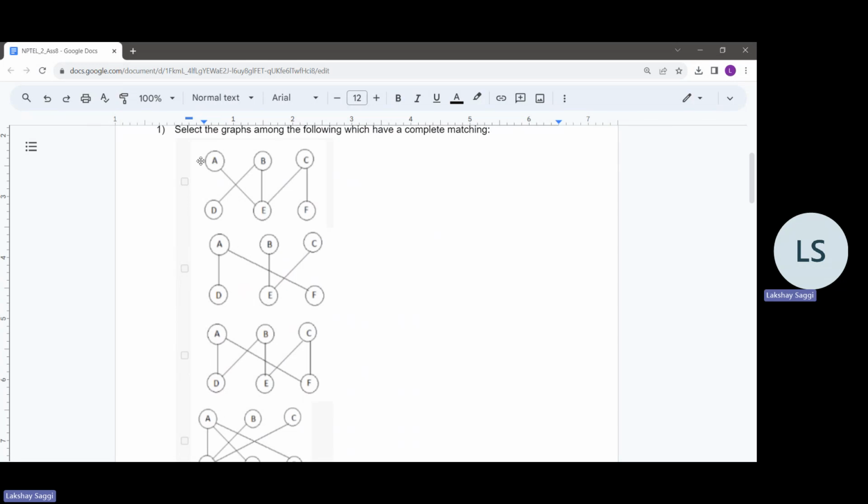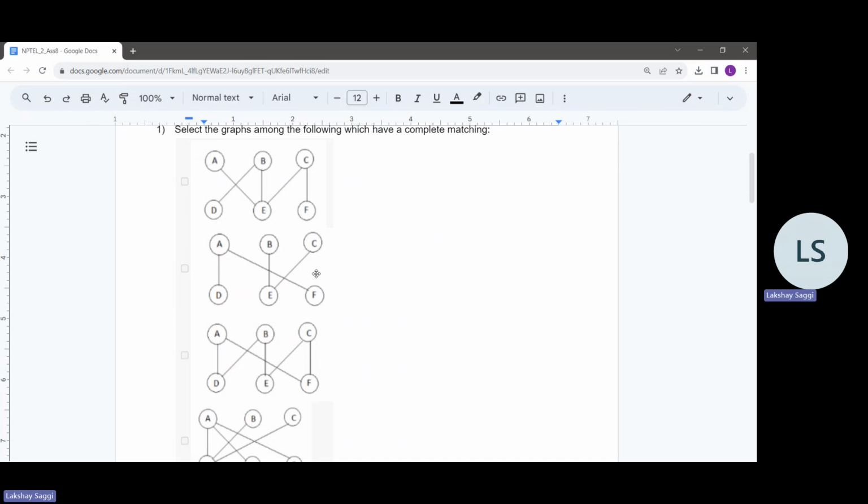A bipartite graph is a graph in which the vertex set is separated into two sets, A and B, such that all the edges of the graph G have one endpoint in set A and the other in set B. Or let's say sets S1 and S2, with one endpoint in set S1 and the other in set S2.